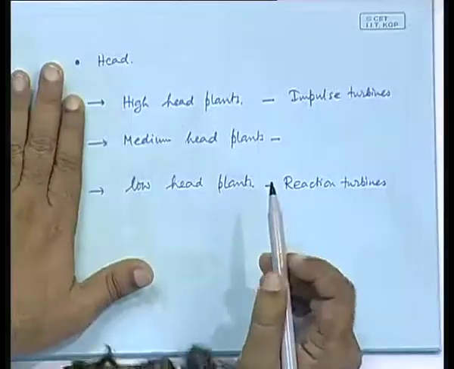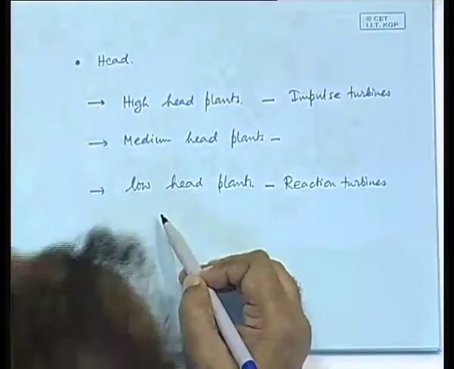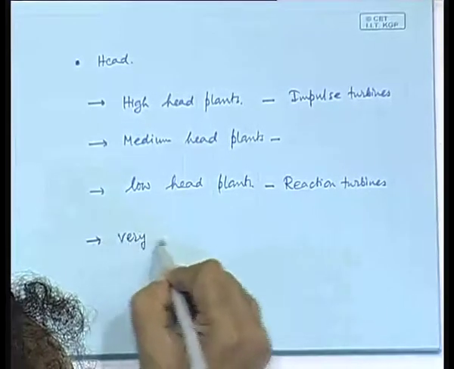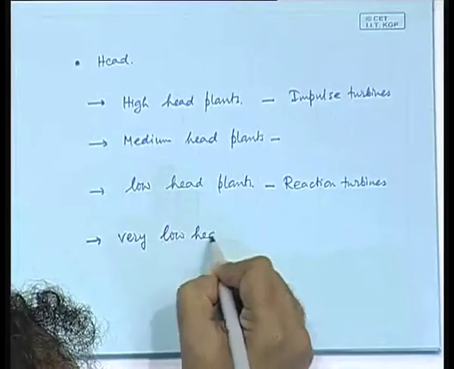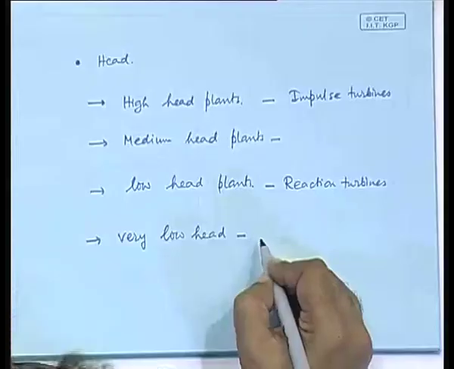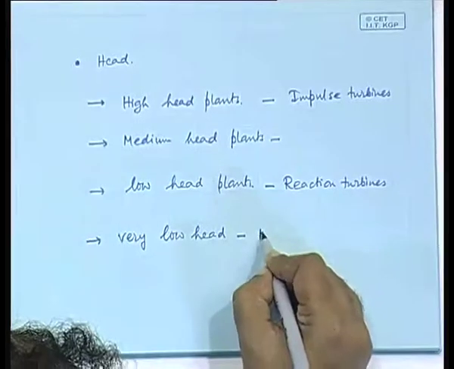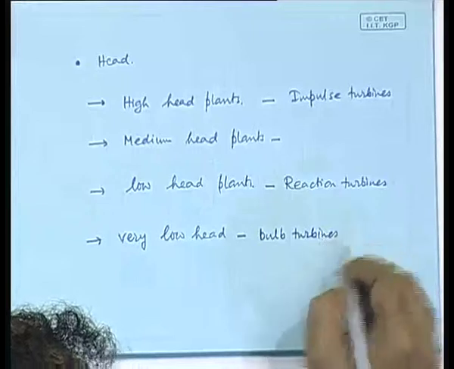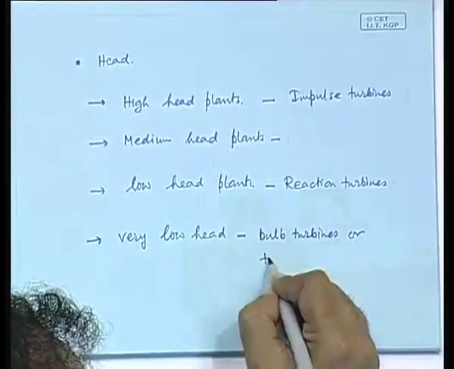But the point is that if there are very low head power plants, then you have a special class of turbines which I will deal with later when we actually deal with the subject of tidal power generation, which have very low head. These are called the bulb turbines or tube turbines.